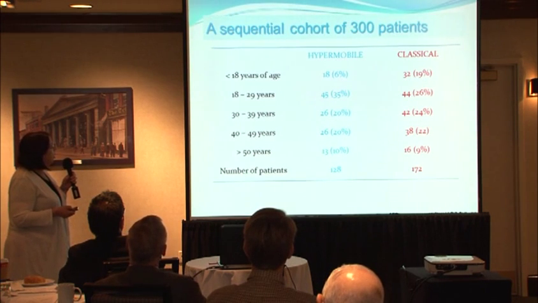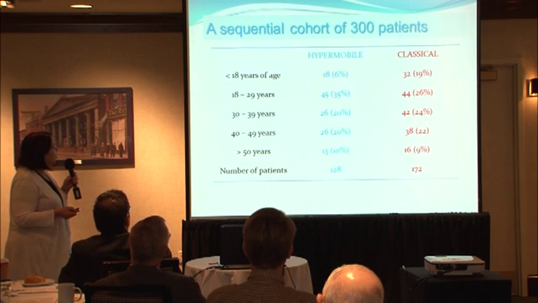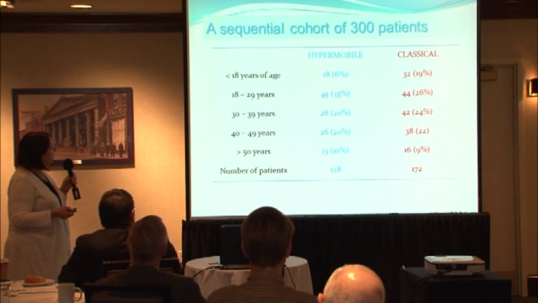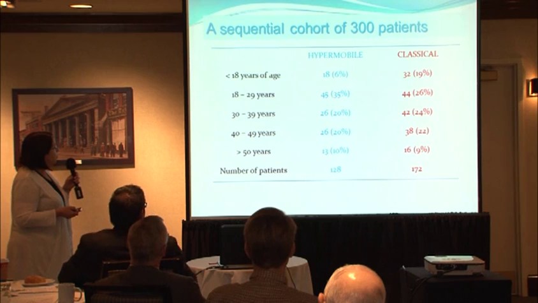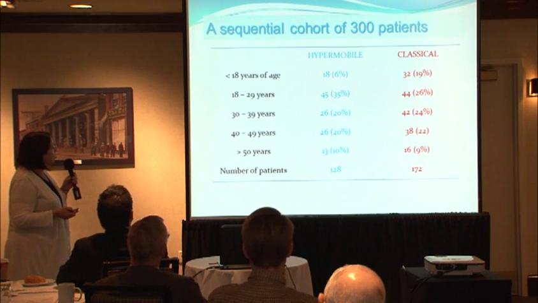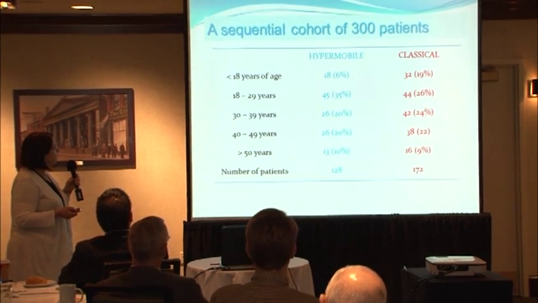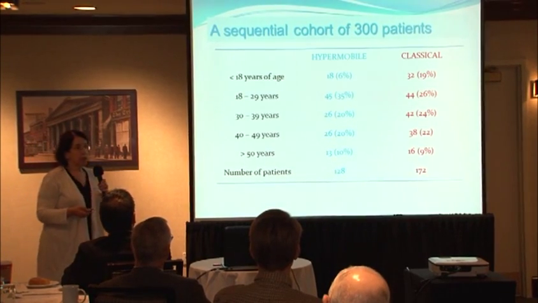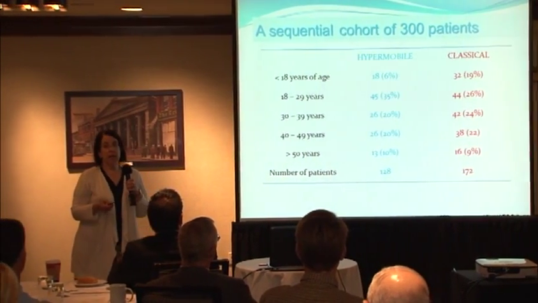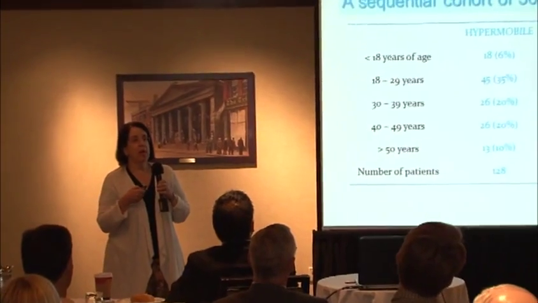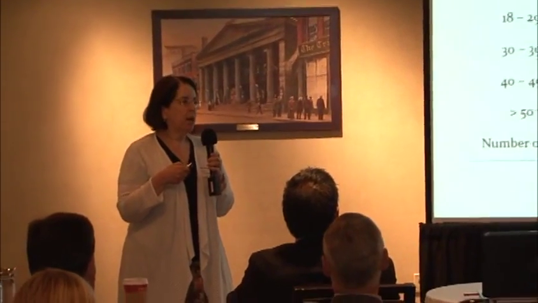Our sequential cohort included 18 patients with hypermobility who were less than 18 years of age, and 32 patients with the classical type. Now, I should say, at the time that we did this survey, this was before Dr. Tinkle's paper suggesting a more rigorous definition of the classical type.